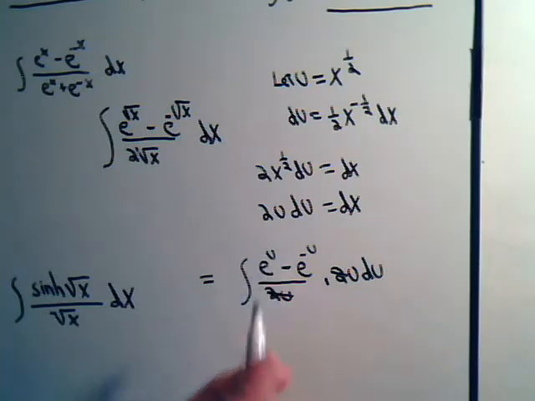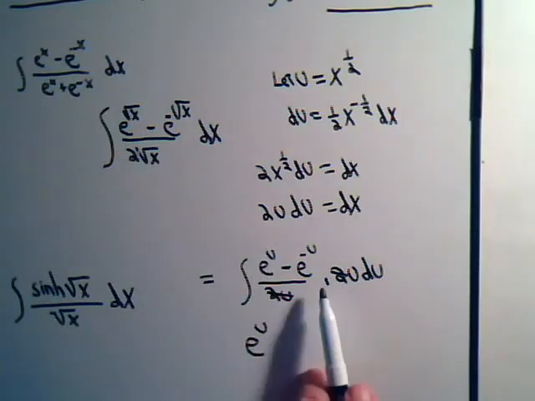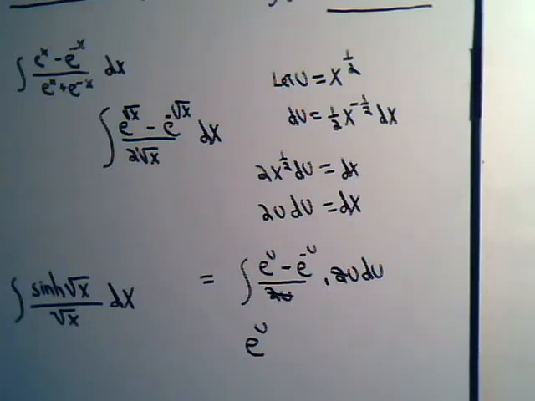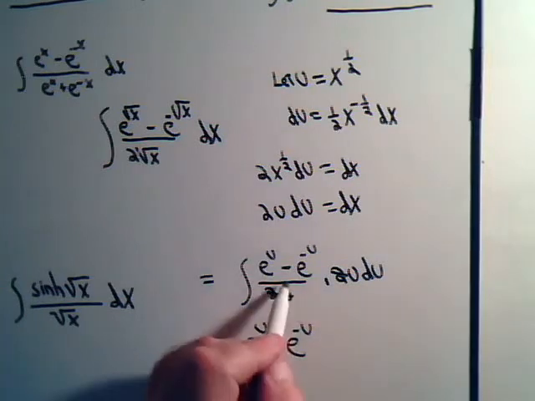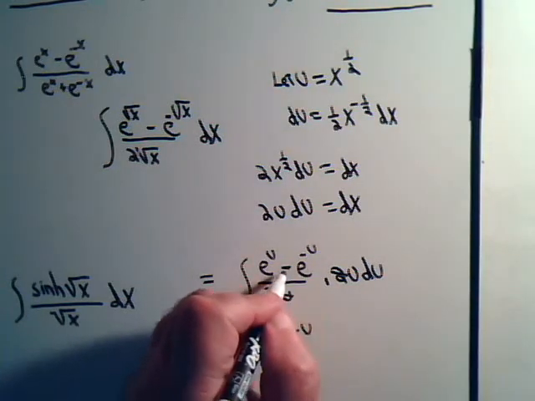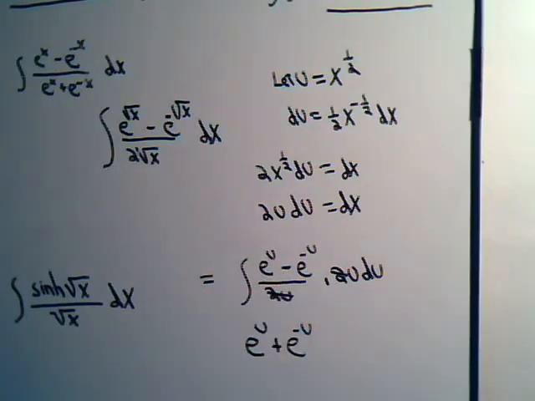The integral of e to the u, that's e to the u. The integral of e to the minus u is minus e to the minus u, with a minus sign before it. The integral of this is minus e to the u. Here we have a minus, so that makes this plus e to the u.